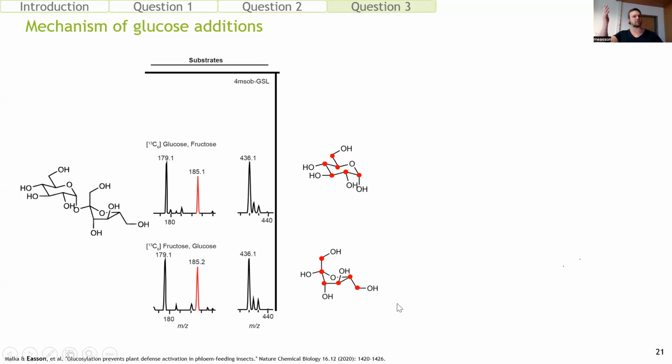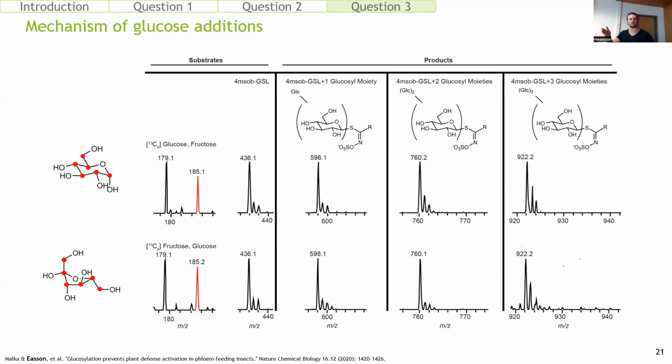If we were expecting a Leloir transferase, then we would expect to see label incorporation in the honeydew in the production of these products. But actually, when we looked at the honeydew, and I'm showing you the MS spectrum of these compounds, we weren't able to see any type of label incorporation. So it doesn't seem that that is the case for what we're looking for, a Leloir transferase.